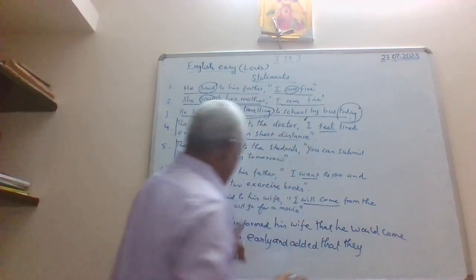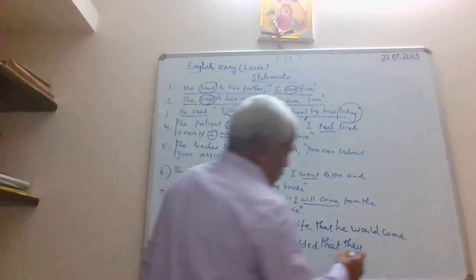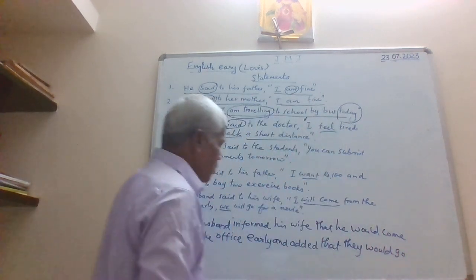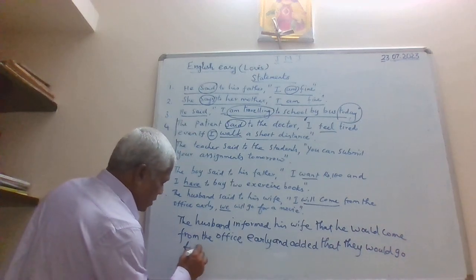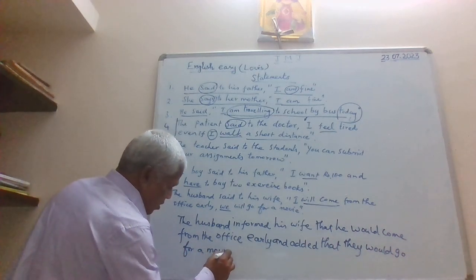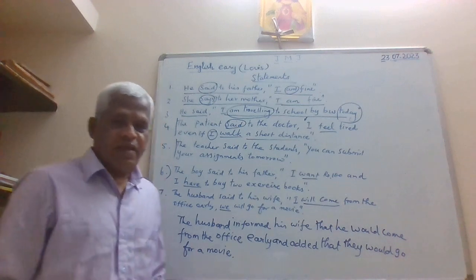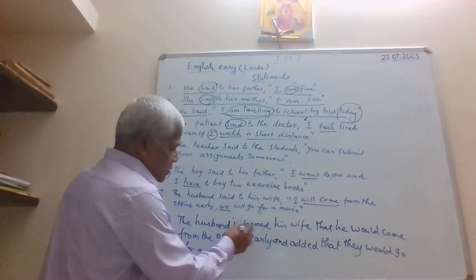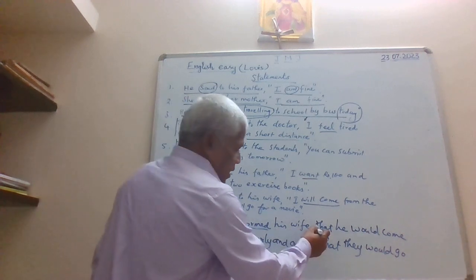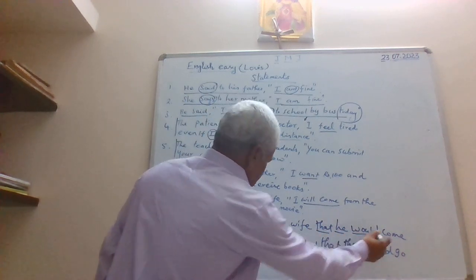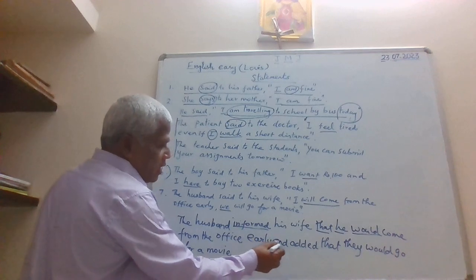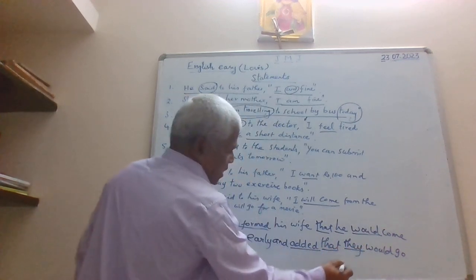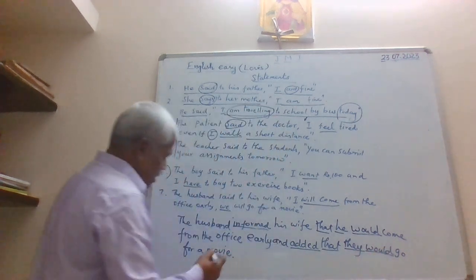That they will go becomes would go. Would go for a movie. Okay? See now how many changes we made. We have made the change in the verb, conjunction, pronoun, tense, and then addition here, conjunction, pronoun change, verb, and completed.